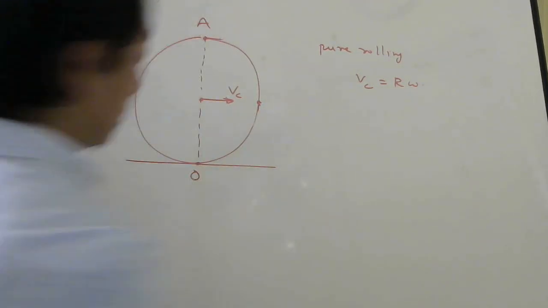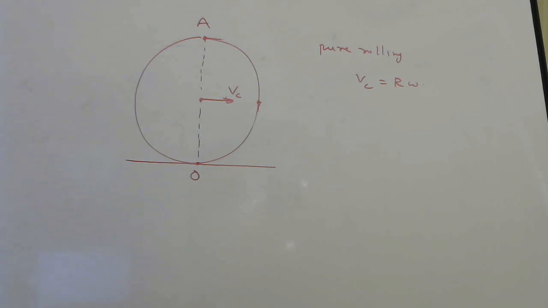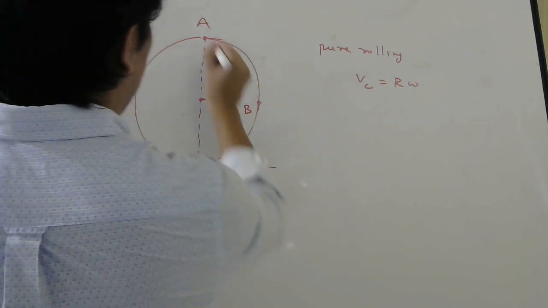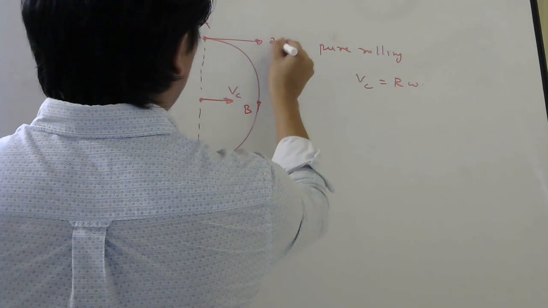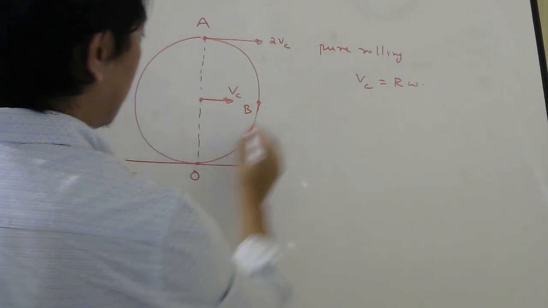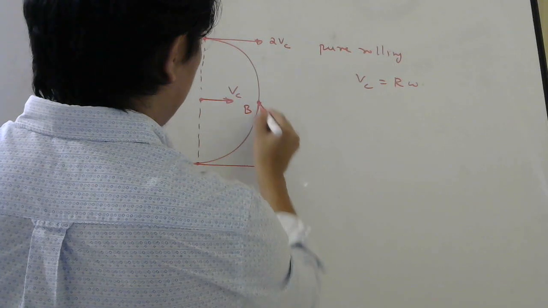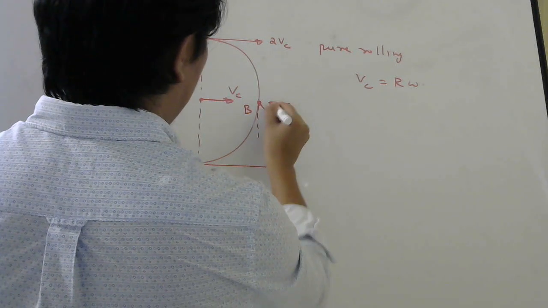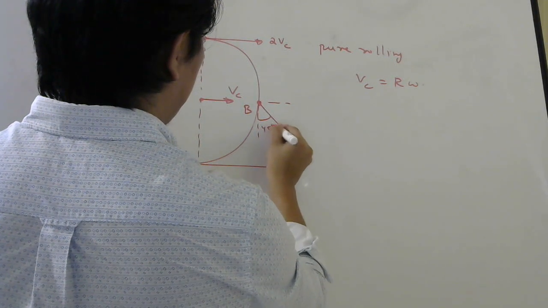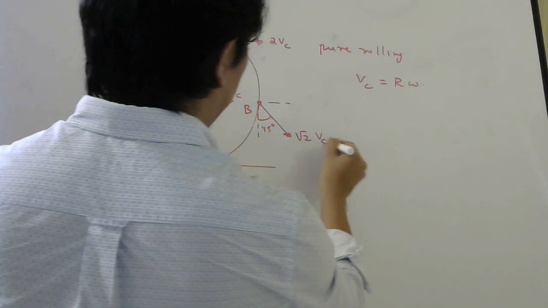So we know the velocity of those 2 points. Okay, so velocity of A is 2Vc in terms of given quantity, and this will be here. And these are same, so this angle will be 45 degree. This is root 2 Vc.